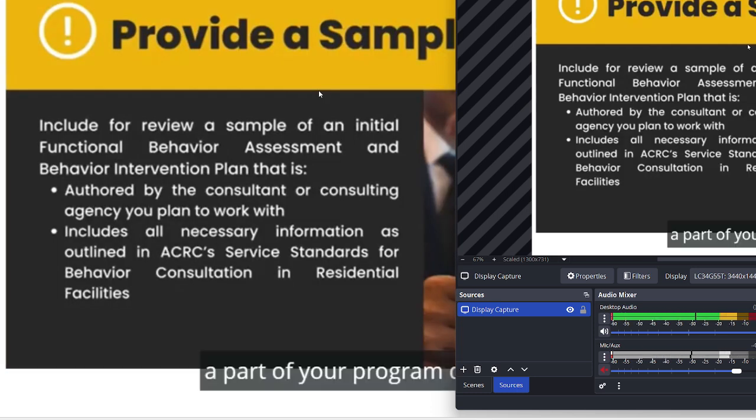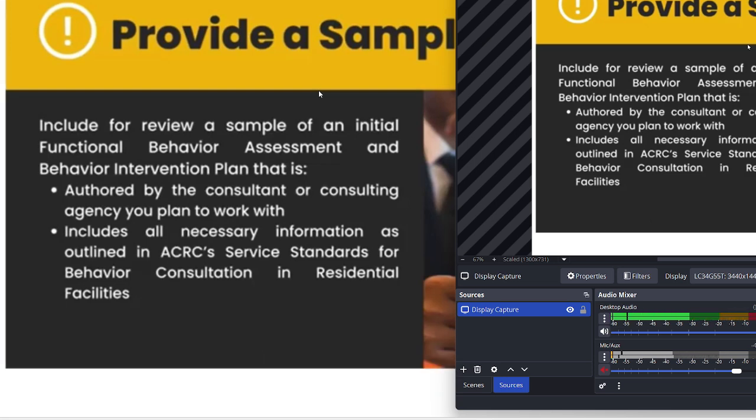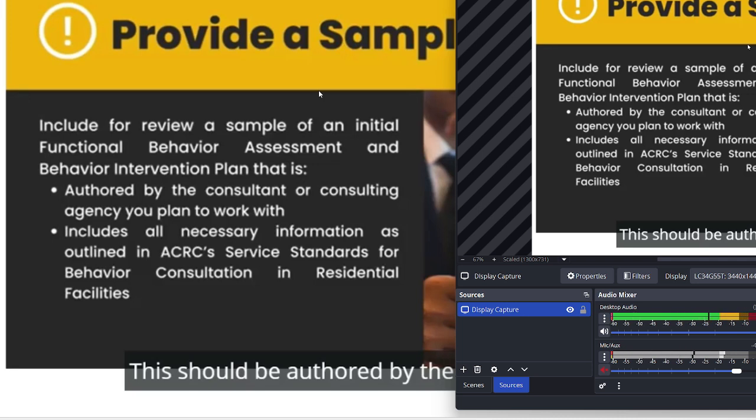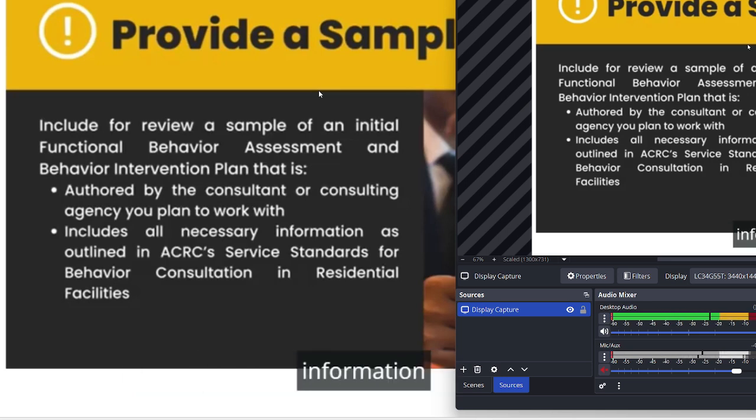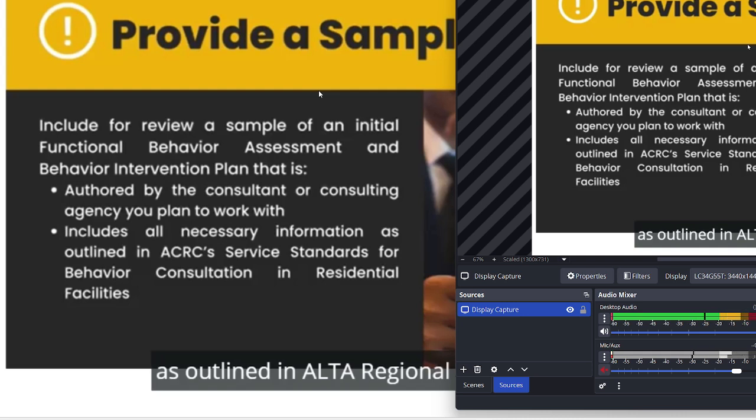As a part of your program design, you will provide a sample functional behavior assessment and behavior intervention plan. This should be authored by the consultant or consulting agency you plan to work with, and it should include all necessary information as outlined in Alta California Regional Center's service standards for behavior consultation in residential facilities.